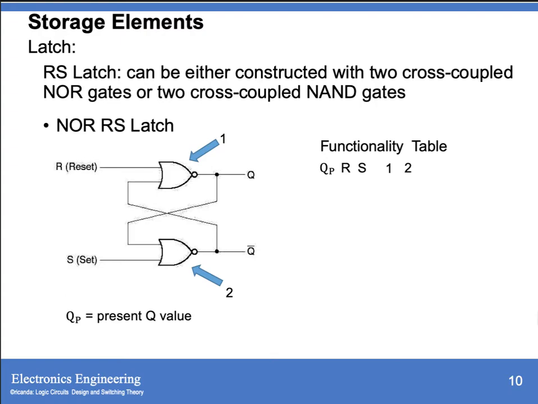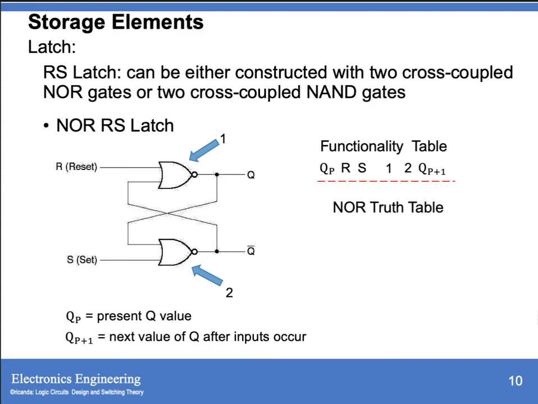Then we have to solve for the next value of your output, which we call QP plus 1, or the next value of your Q after the inputs occur. But remember the output of your NOR, the truth table of your NOR.